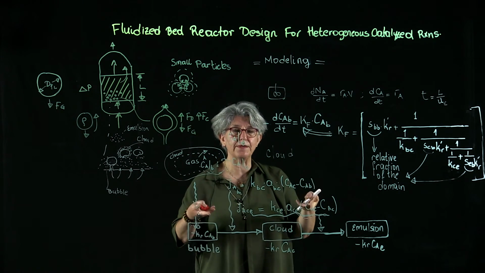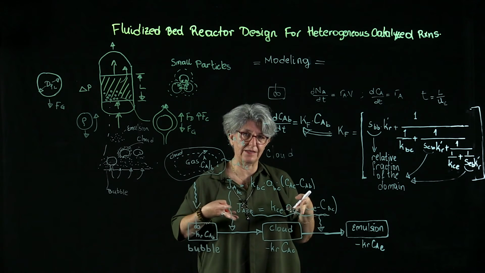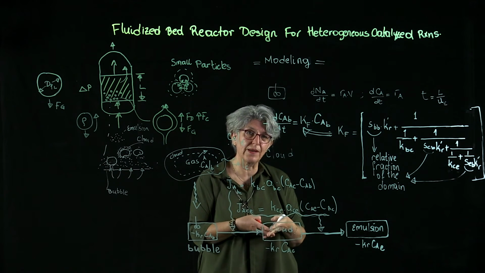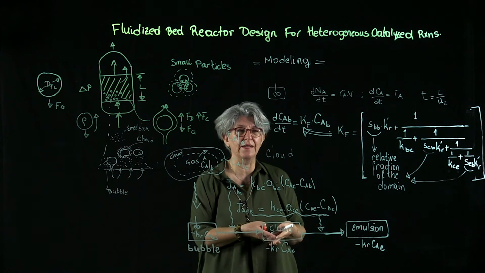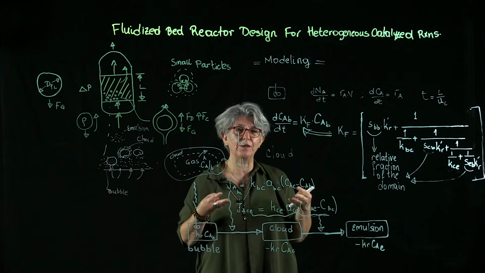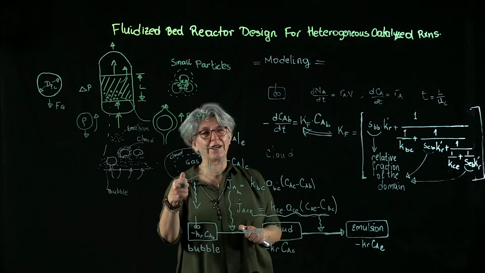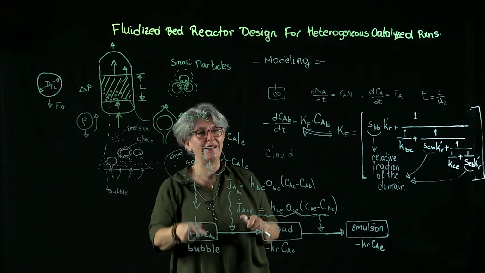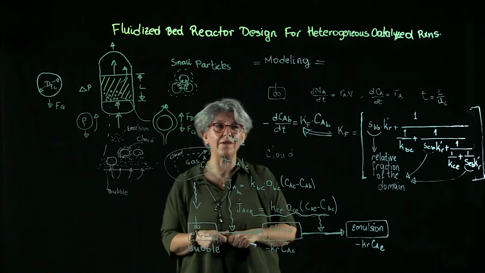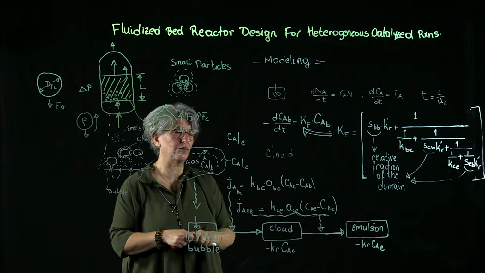We have lumped the transport processes with the kinetic processes, and at the end we obtained an expression that is valid for an ideal batch reactor or an ideal plug flow reactor.